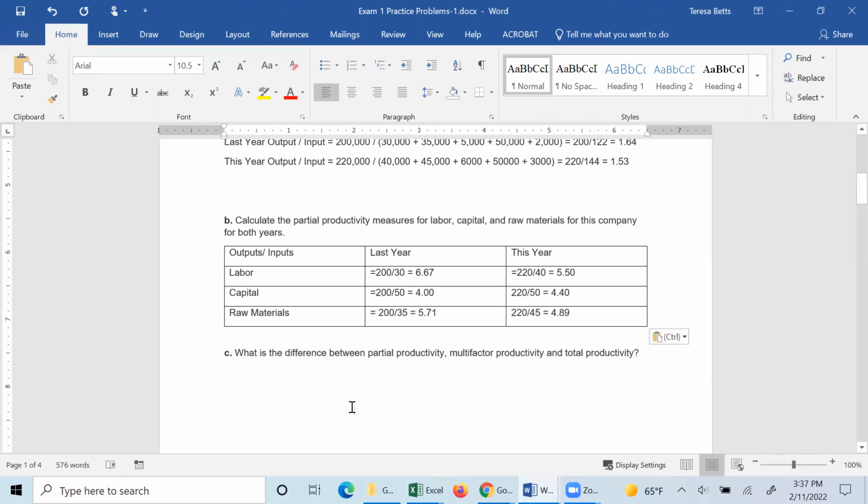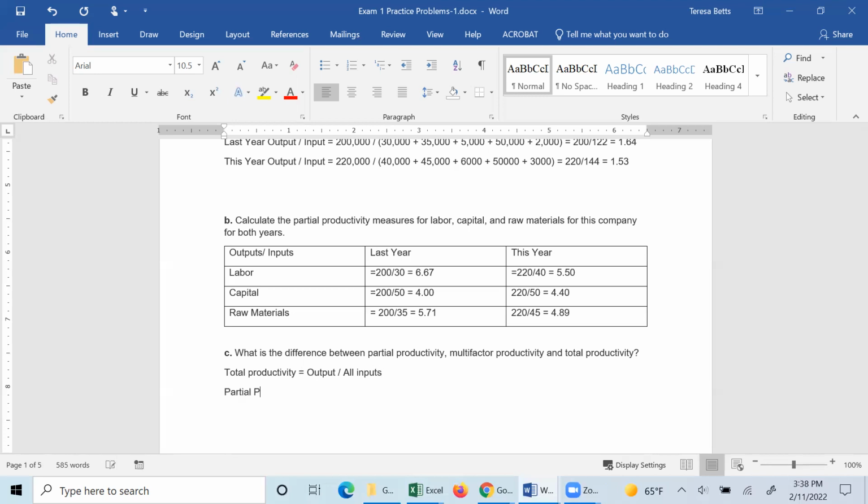Okay. So if I were going to explain this, I would say that total productivity is output divided by all inputs.